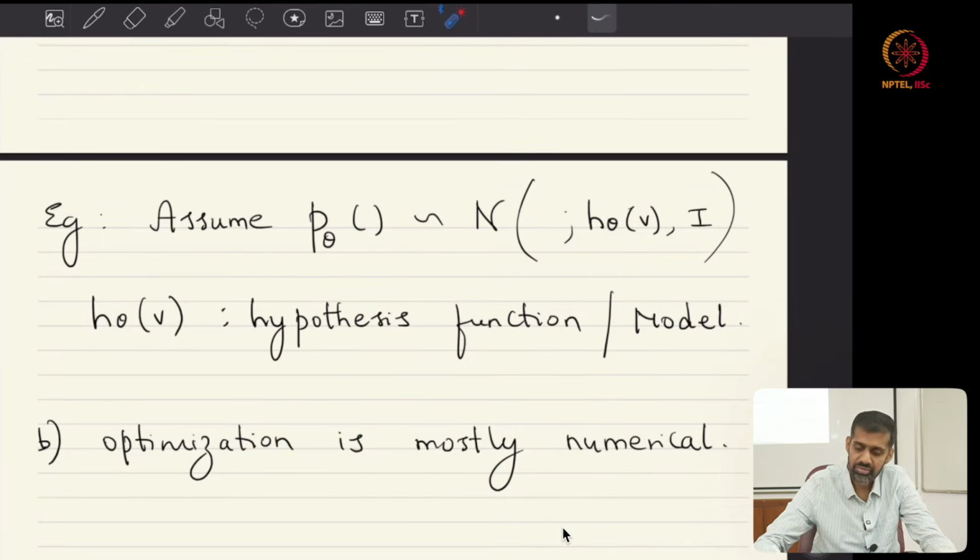But mostly numerical, because this canonical function that we will be assuming is not analytically differentiable with respect to the parameters theta. For instance, neural network, if you take h theta to be a composition like neural networks, you cannot differentiate the likelihood function and put it to 0 and get your theta. So you will have to solve it numerically. That is what we are going to see now as we move on.